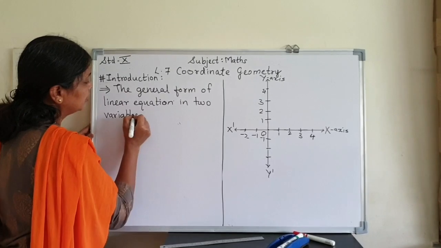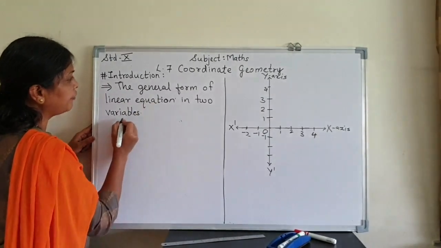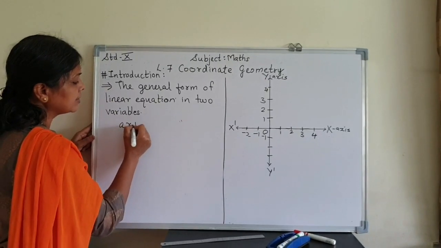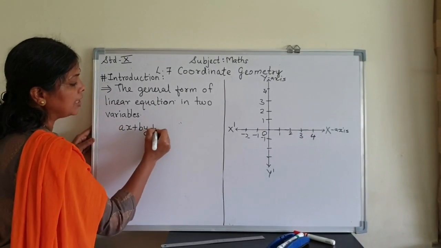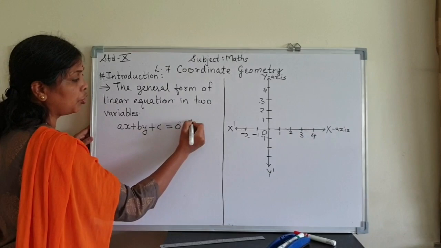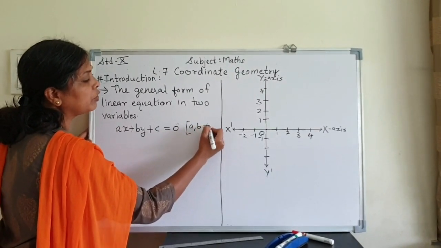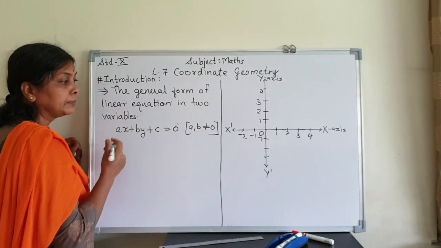Here you have learned that the general form of a linear equation in two variables is ax + by + c = 0, where a and b should not be equal to 0 simultaneously.